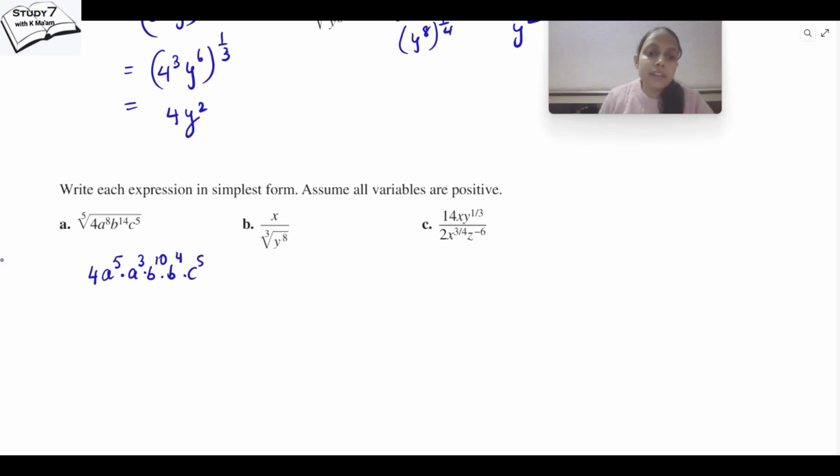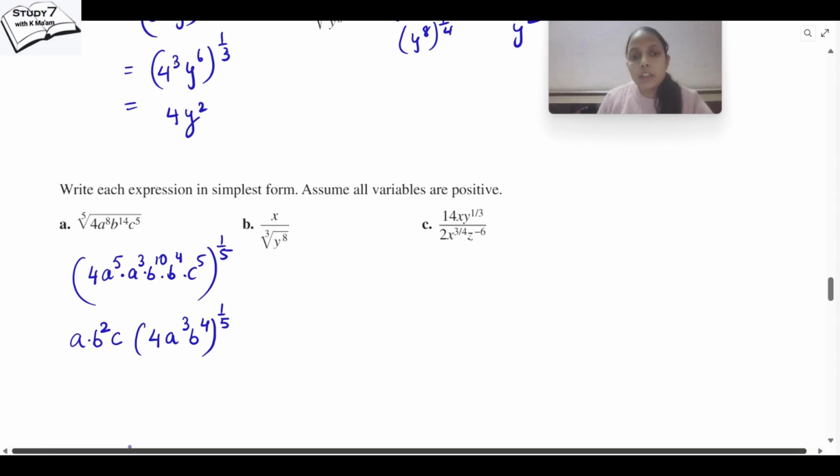And then c^5, to the whole power 1/5. The terms having a power of 5, bring them out. Here it's b^10, so b squared comes out because 10 by 5 is 2. c^5 to the power 1/5, 5 and 5 cancel, only c is left. So what's inside: 4a^3b^4, and the whole power 1/5.